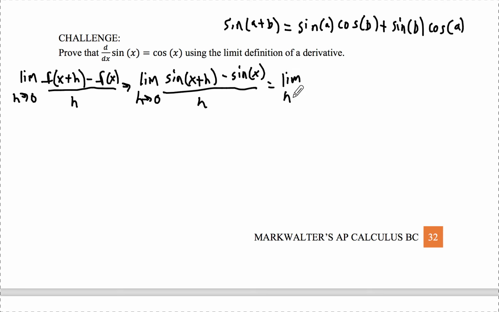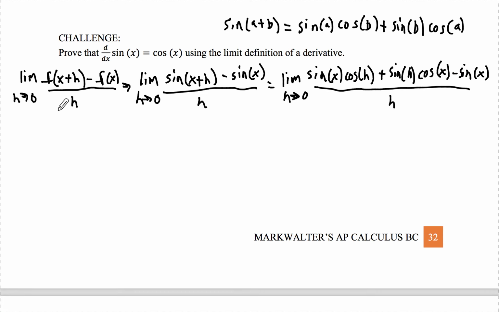The limit as h approaches 0 of sine of x times the cosine of h, I'm just using this pattern up here, plus the sine of h times the cosine of x. That just broke up the sine of x plus h, but there's also minus sine in there, so minus sine of x all over h.